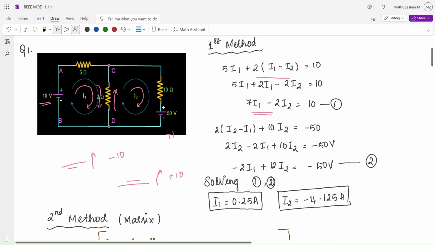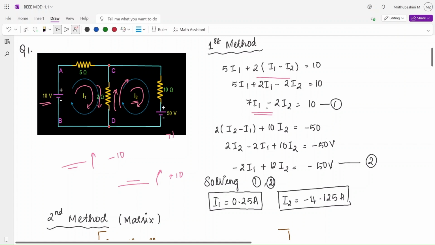If you take the second mesh, it's 2 into I2 minus I1 when you're considering loop 2. If you're taking the second mesh, you will write I2 minus I1, whereas if you're taking the first mesh, you'll write I1 minus I2. Just be clear on this concept because this is where people get confused.